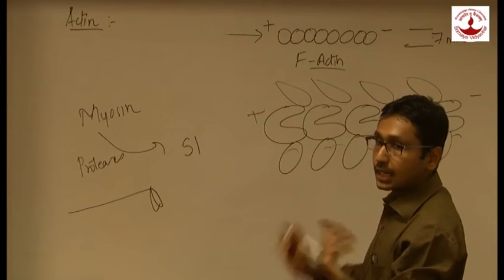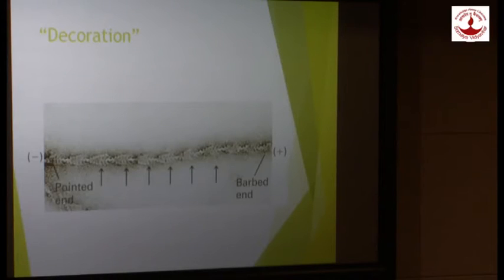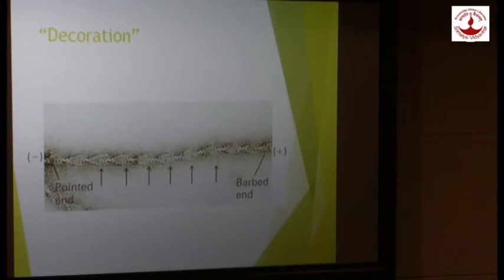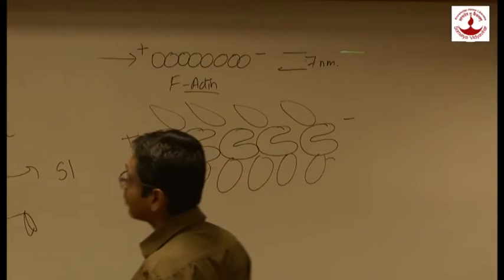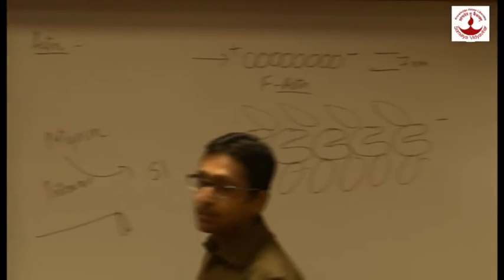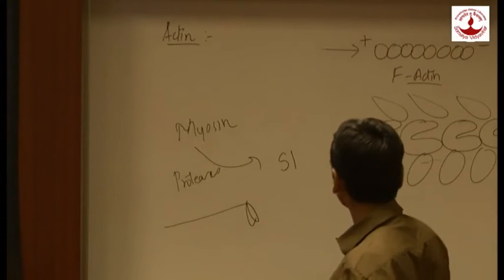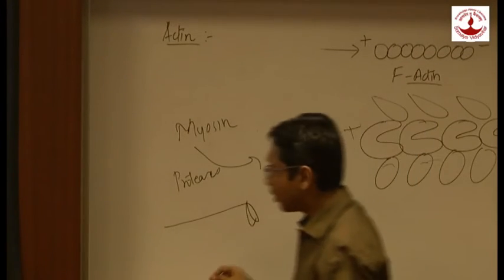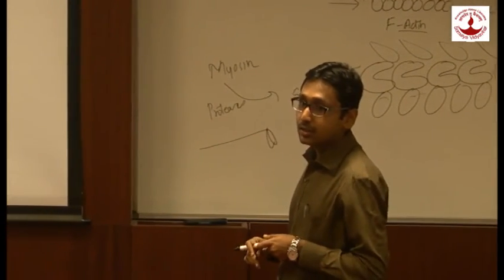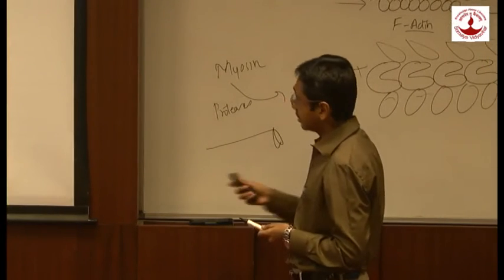There is another terminology: the barbed end, meaning the barb of an arrow, and there is a pointed end. The pointed end is the minus end, and the plus end is the barbed end. This is a small experiment which can be very useful in observing the polarity of the actin filament itself.